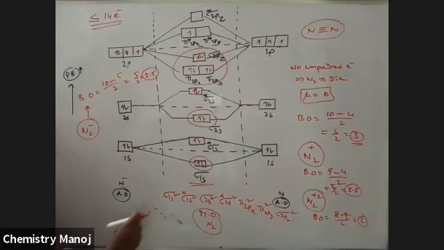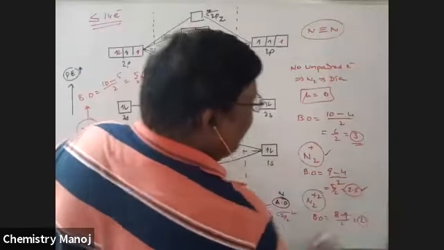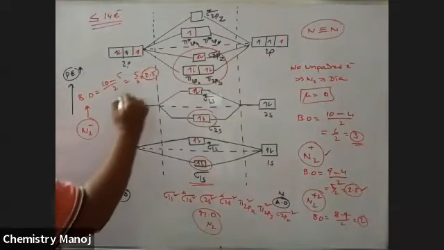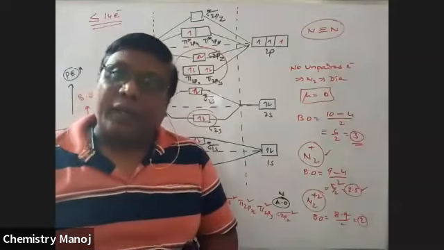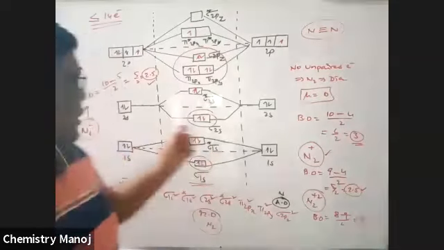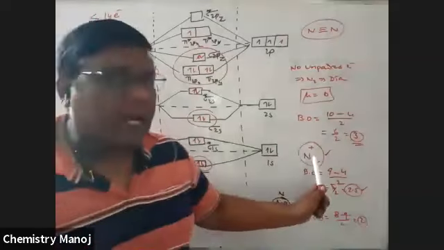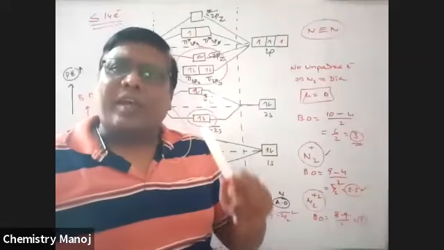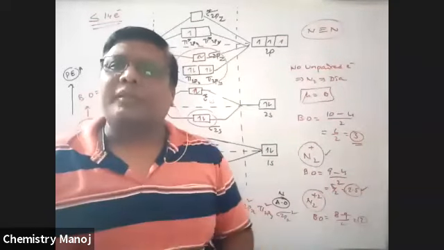N2 plus is 2.5, N2 minus is also having 2.5. Both have the same bond order, but N2 minus is less stable than N2 plus. Why, sir? If electrons are present in the antibonding orbitals, those species are less stable.